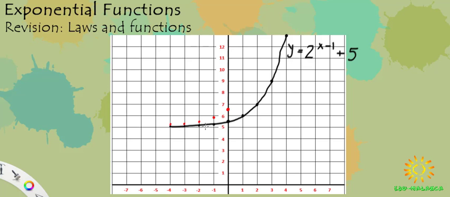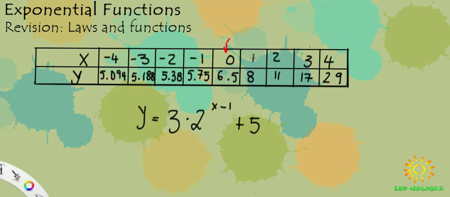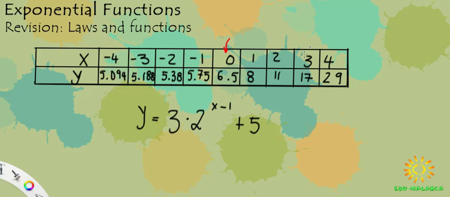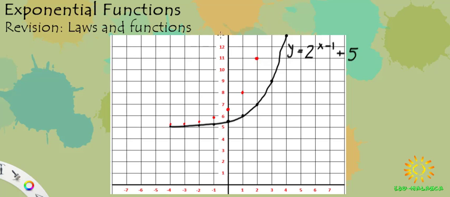Now let's move to the positive side. When x is 1, y is 8, and when x is 2, y is 11. We can't represent the values for when x is 3 and 4 because our graph ends at approximately 13, but we have enough values to draw the graph, so let's draw it.